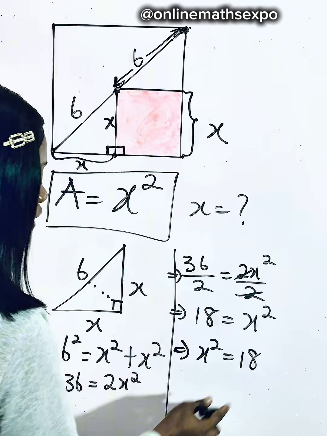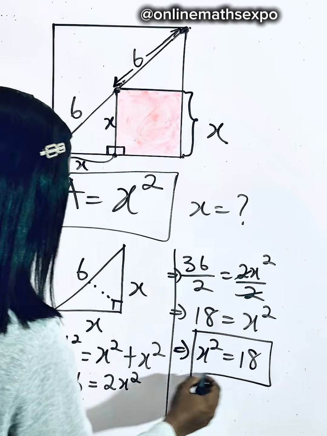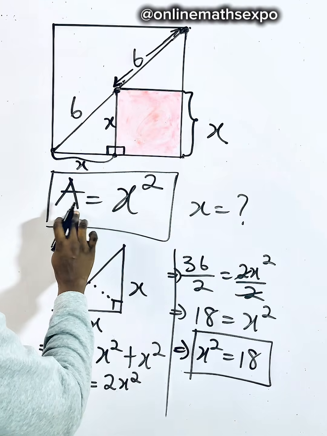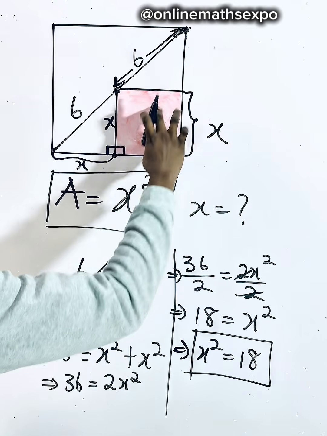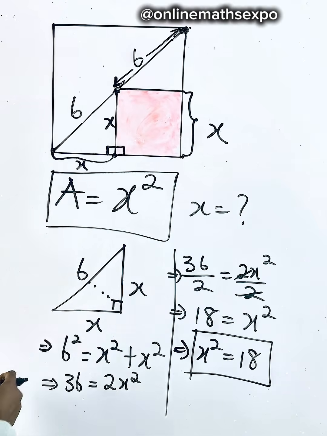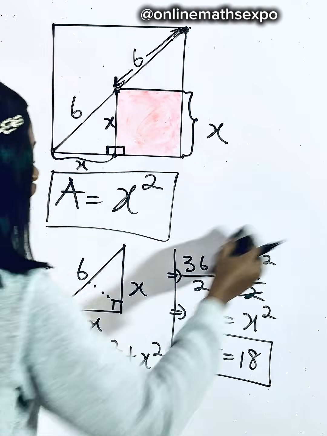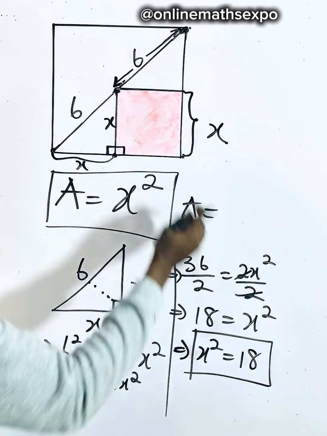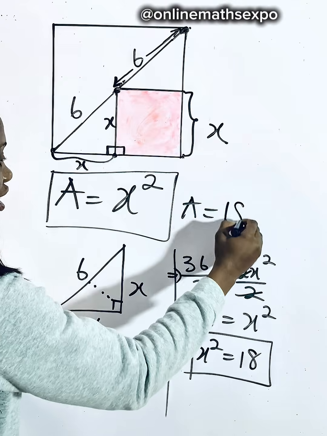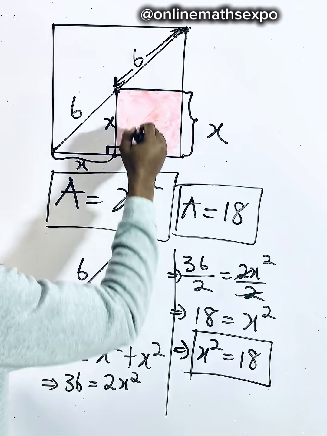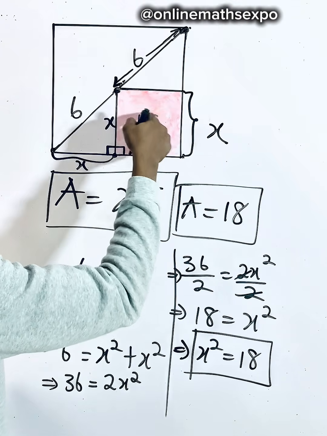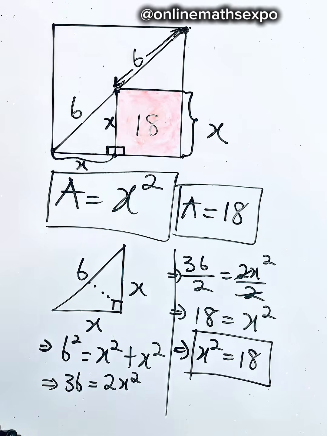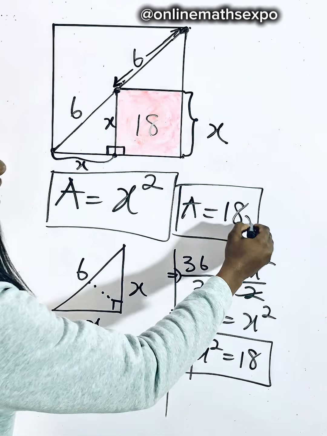Now, if x squared is 18, we don't need to go further, because for us to find the area of this small square, it is the same as x squared. So in that case, the area of the small square is given as 18 squared units. So this value in here is given as 18 squared units.